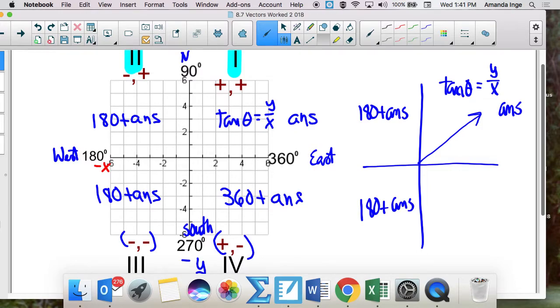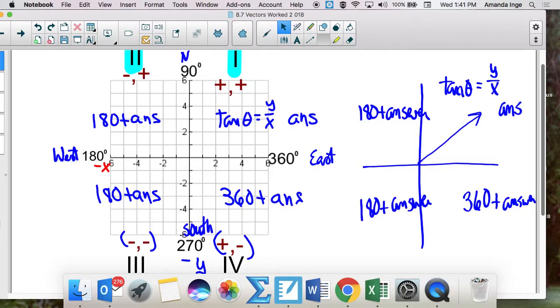And in quadrant 4, it's going to be 360 degrees plus your answer. Y'all will understand in a few minutes, okay? All right. Does everybody have all of those on their little picture?